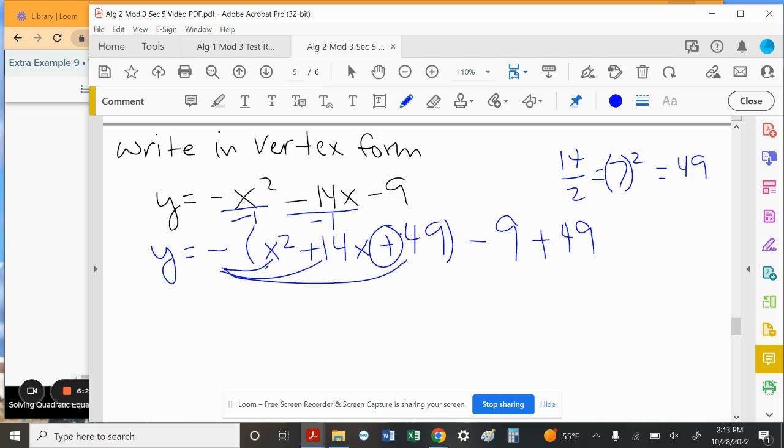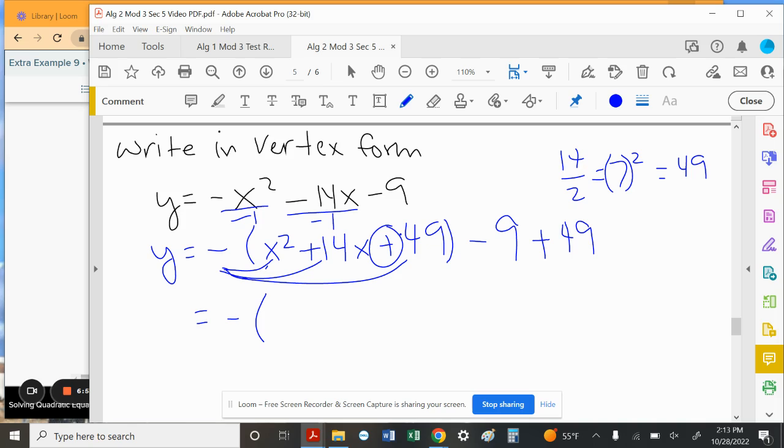So there's my -x squared, -14x, minus 49, minus 9 plus 49. This -49 and plus 49 would cancel each other, and I'd have the original equation. So we always have to go back and check it just to make sure everything is good. Okay, but now I can factor this.